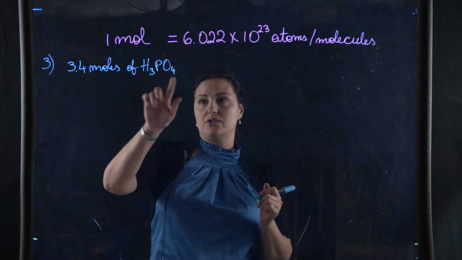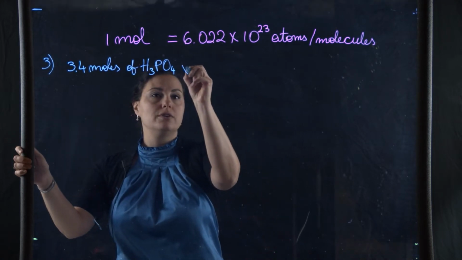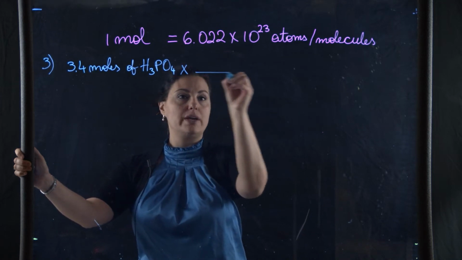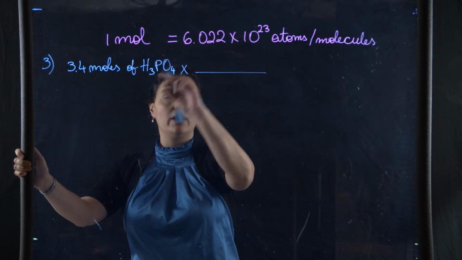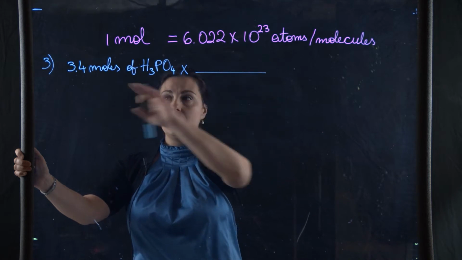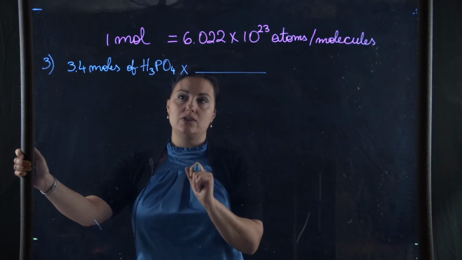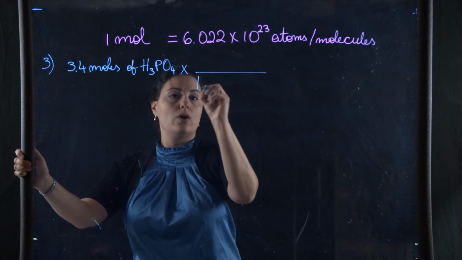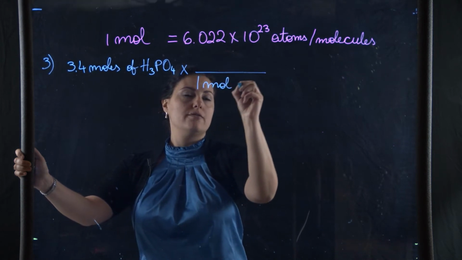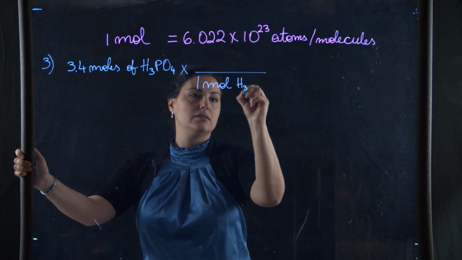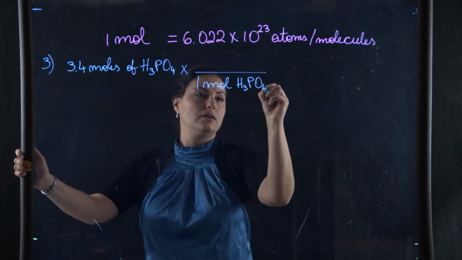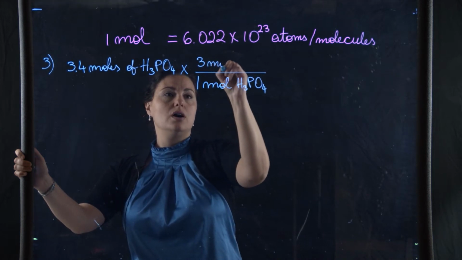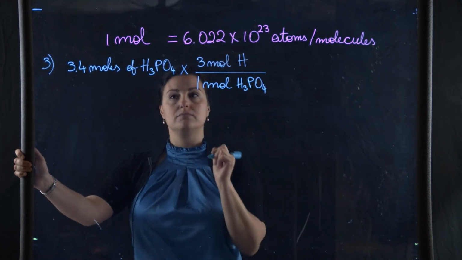3.4 moles of H3PO4. To convert that to moles of hydrogen, I use the 1 to 3 molar ratio, which means I want moles of hydrogen on top, and I want to get rid of moles of phosphoric acid, so I want that at the bottom. Therefore, I know that 1 mole of phosphoric acid gives me 3 moles of hydrogen.